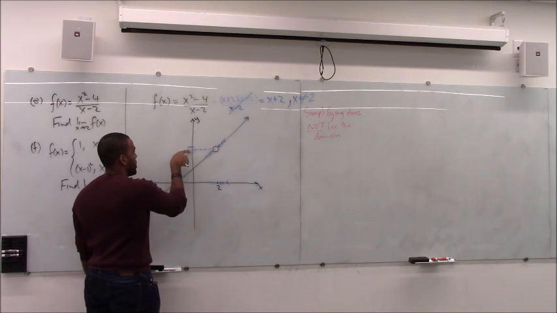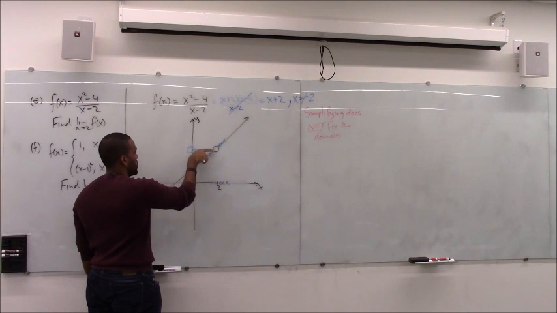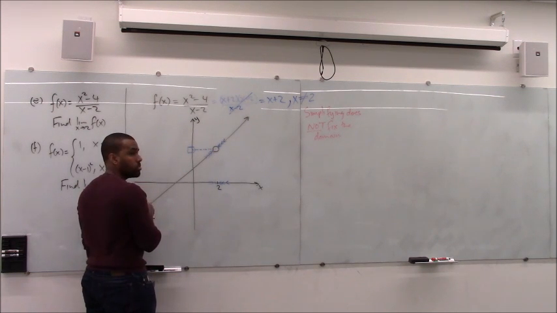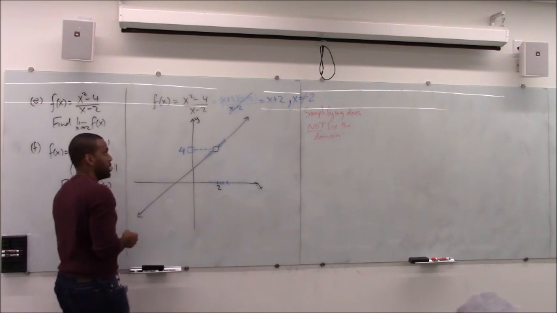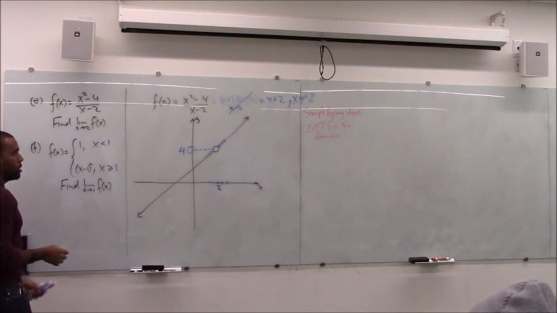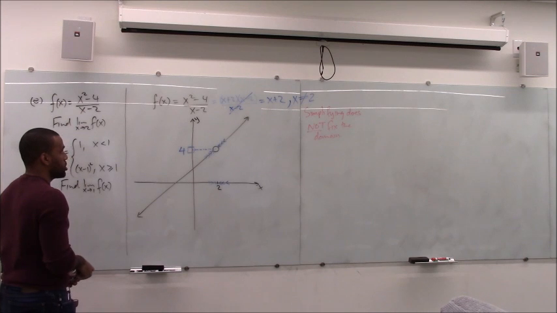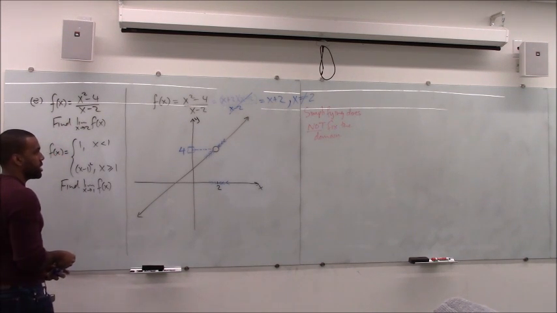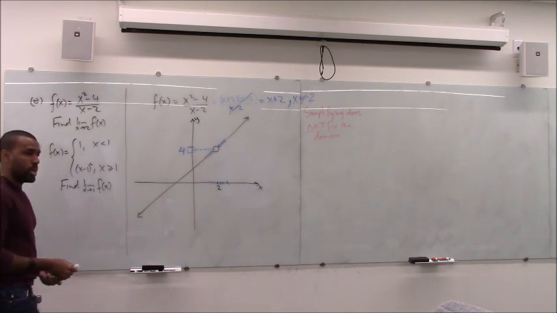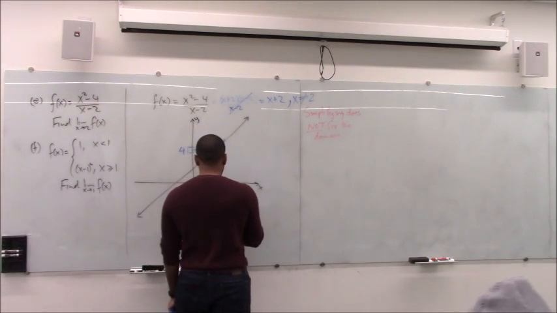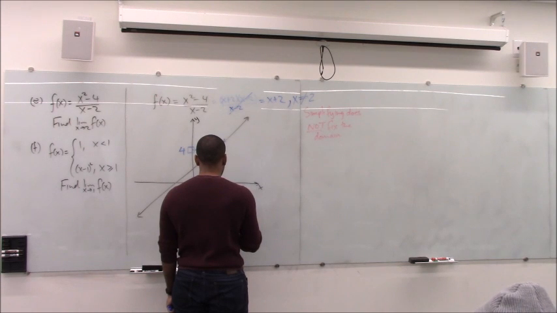What do you think this y value would be for that location? 4. It behaves like x plus 2. So when your x is getting close to 2, it's going to behave like it's getting close to 4. Now, it will never actually make it to 4, but limits don't care. Limits do not care about being at a point. They just care about what happens as you get close to the point.